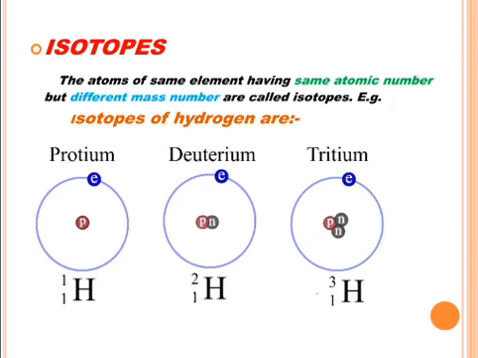So in this way, the atoms of the same element having the same atomic number but different mass number are called isotopes. So let us revise the isotopes of hydrogen. There are three isotopes of hydrogen: protium, deuterium and tritium.